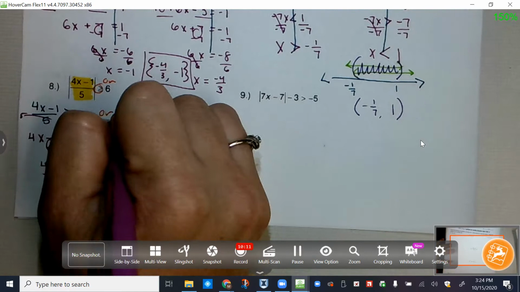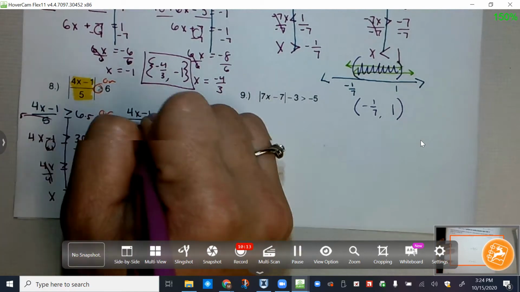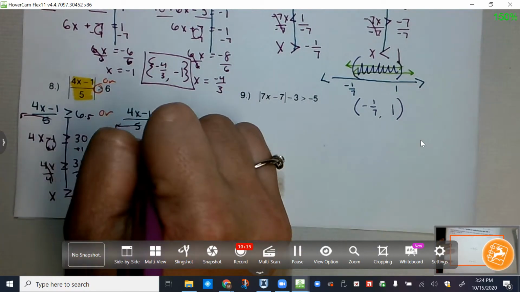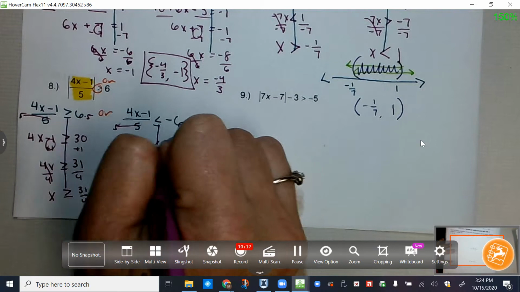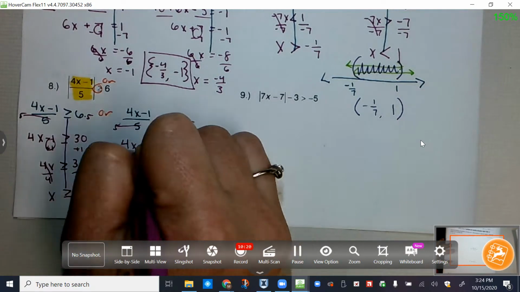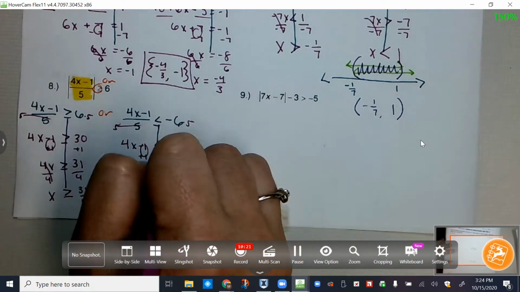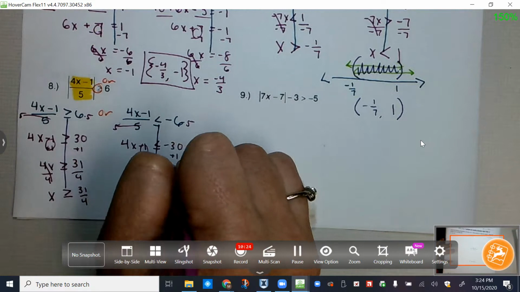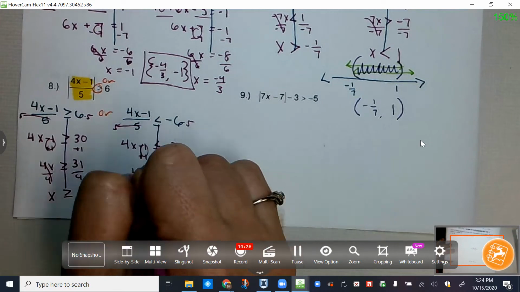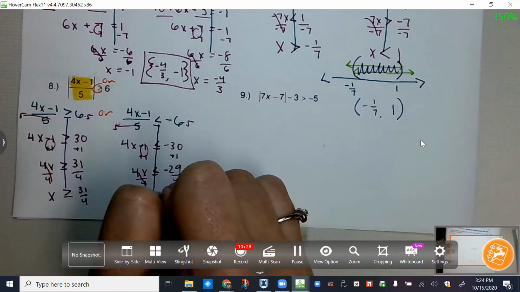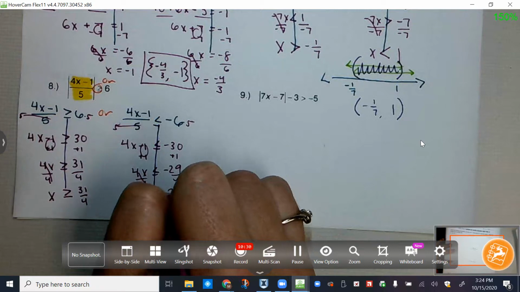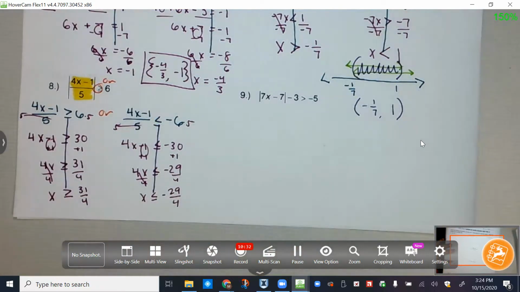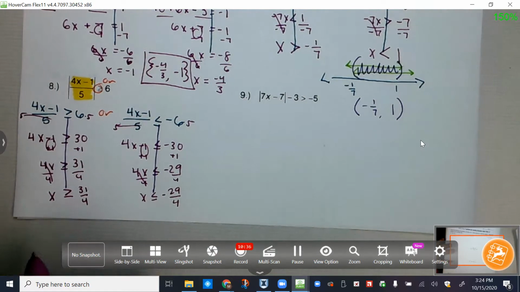So again, times 5, times 5. I get 4x minus 1 is less than or equal to negative 30. Plus 1, plus 1. I get 4x is less than or equal to negative 29. Divide by 4, divide by 4. I get x is less than or equal to negative 29 over 4. Okay. I want you to realize the negative is obviously smaller.